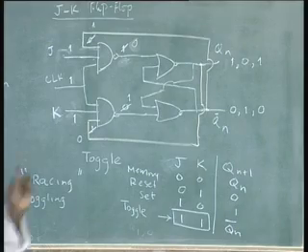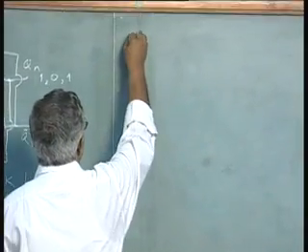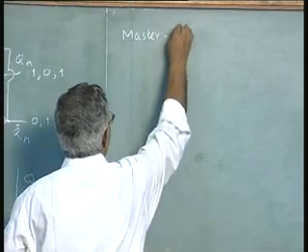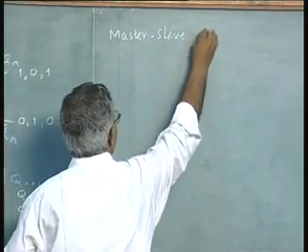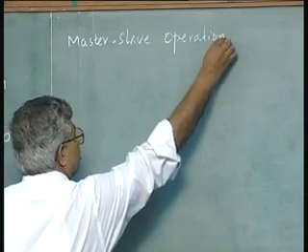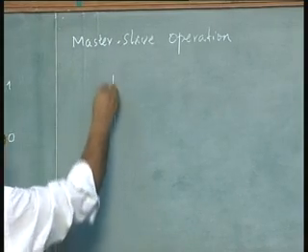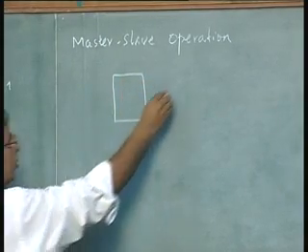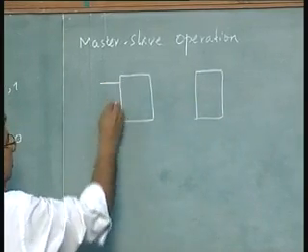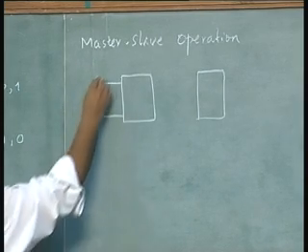There are two simple ways. Again, it is a review, so you should have heard about these things earlier. One is called the master slave operation. I will not go into the details of this. In the master slave operation, we have two identical flip flops, JK, SR, whatever you want to call it.